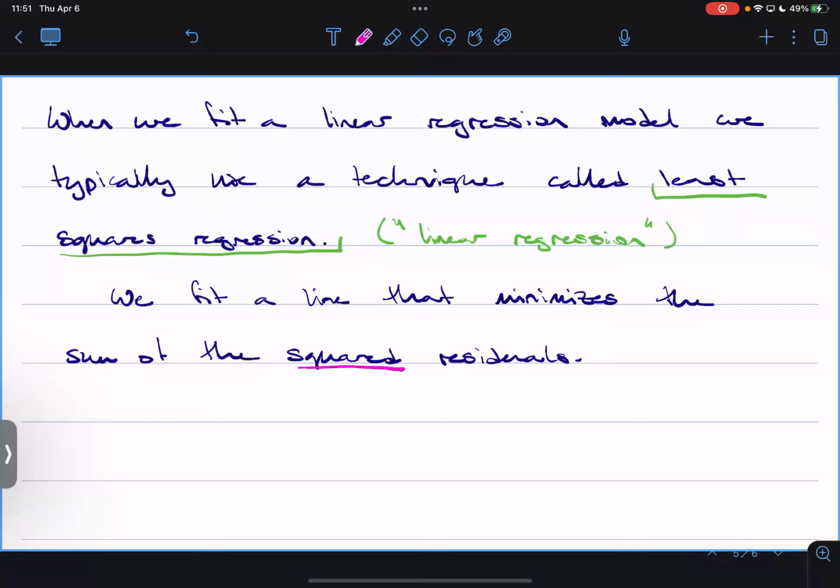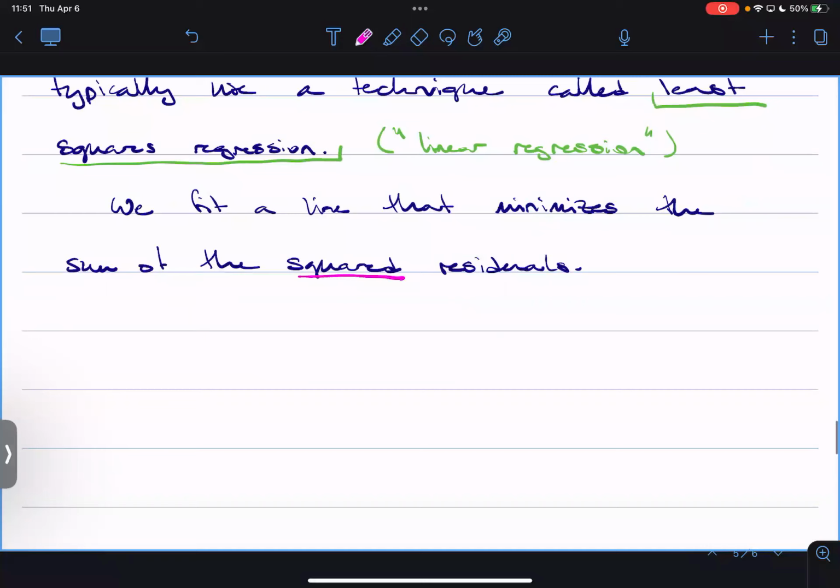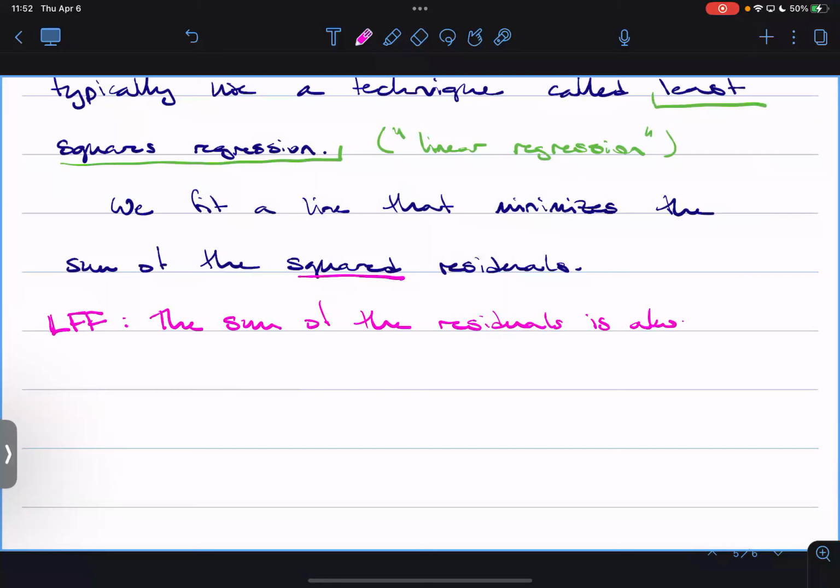Notice that it's squared. Why? Because of how we fit the line, by minimizing the sum of the squared residuals, the sum of just the residuals will be 0. Here's a little fun fact, I haven't done an LFF in a while: the sum of the residuals is always 0.